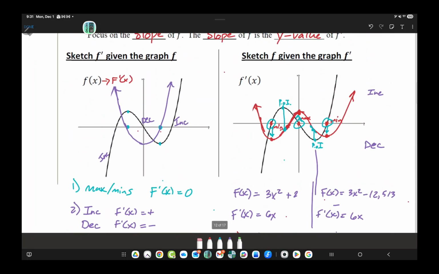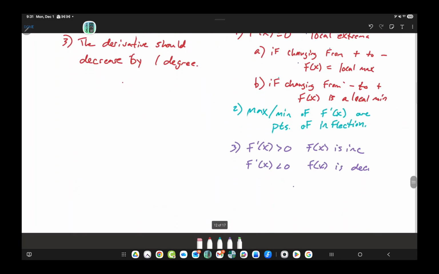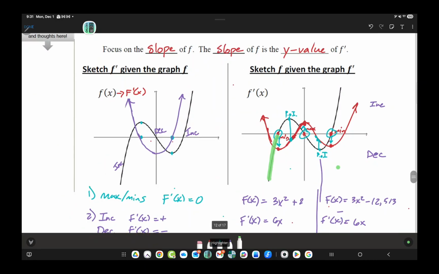Real quick, this very last part where it said f prime of x is greater than 0, it's increasing, and f prime of x less than 0 is decreasing. This is going to naturally occur if you get your local mins and local maxes correctly. Because right here, my f prime function is below the x-axis, so this is where my original function will be decreasing.